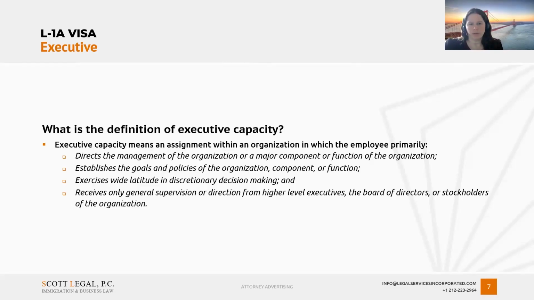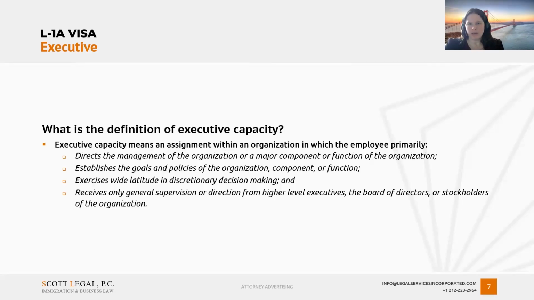So, starting off, what is the definition of an executive? As you can see here, it is specified in the regulations. An executive capacity means someone who is directing the management of an organization or a major component or function, establishes goals and policies, exercises wide latitude in discretionary decision making, and receives only general supervision or direction from higher-level executives, boards of directors, or stockholders.